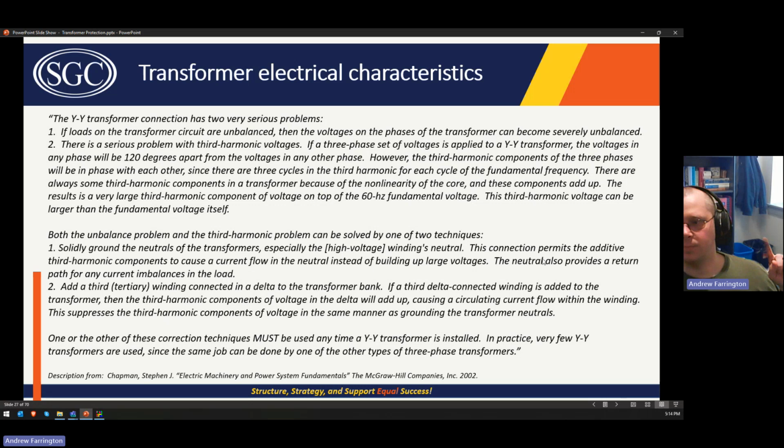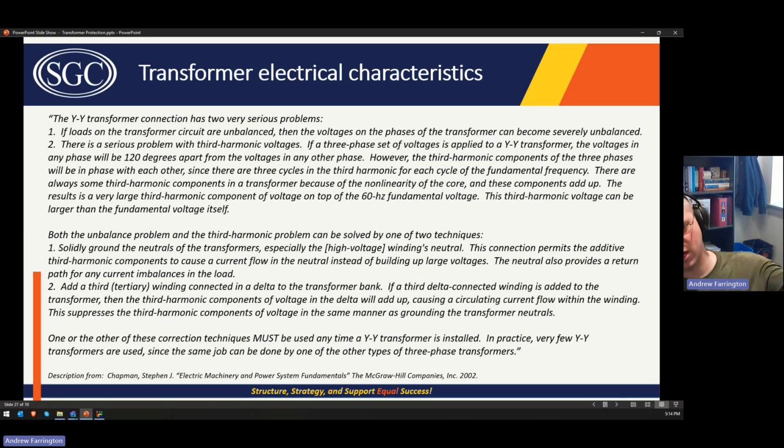The first is to solidly ground at least one of the transformer Y winding neutrals. This allows the neutral connection to let those third harmonic voltages dissipate through that connection. The other option is to add a delta tertiary winding to the transformer so that it's a 3 winding transformer.